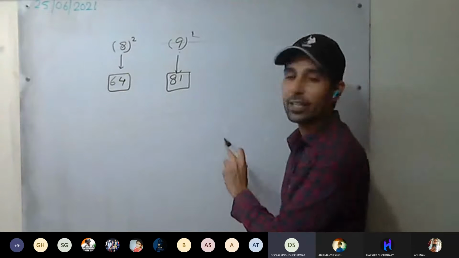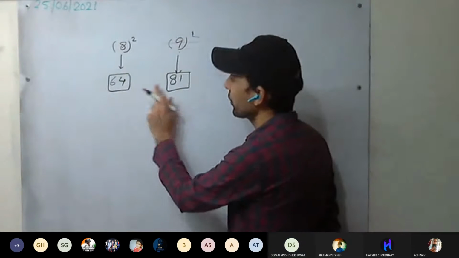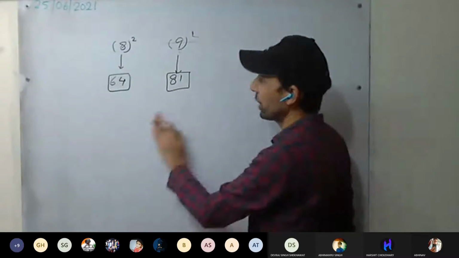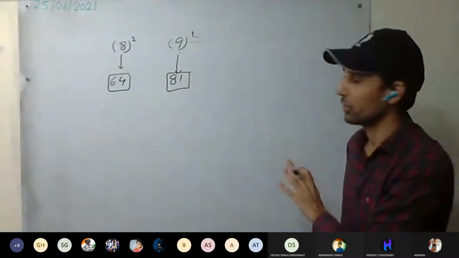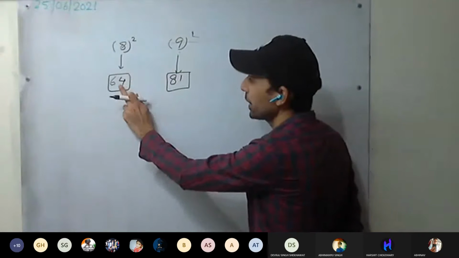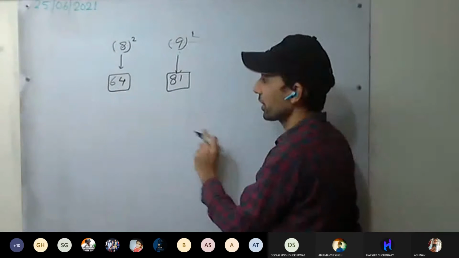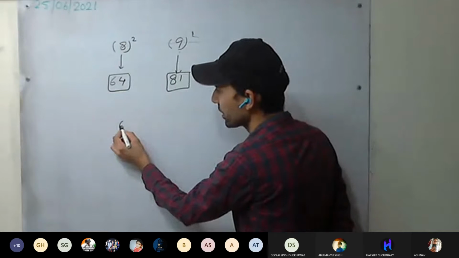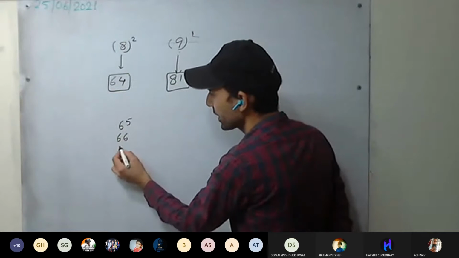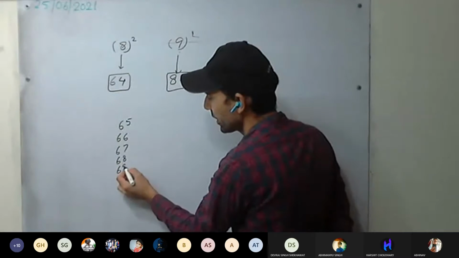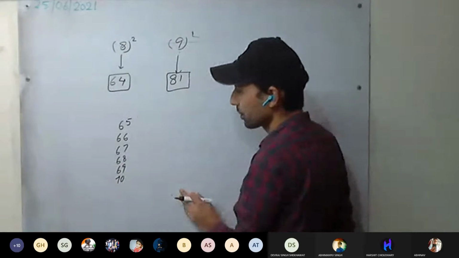Okay, so there are different ways. See here, between means 64 we don't have to include, 81 we don't have to include. So the numbers appearing between 64 and 81 will start from 65, 66, 67, 68, 69, 70.